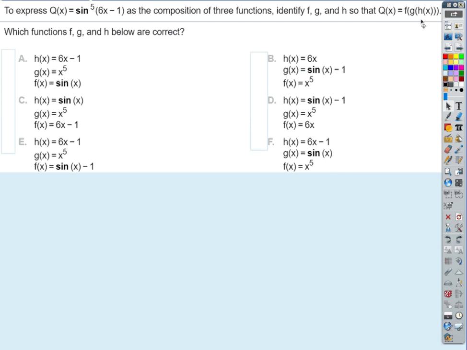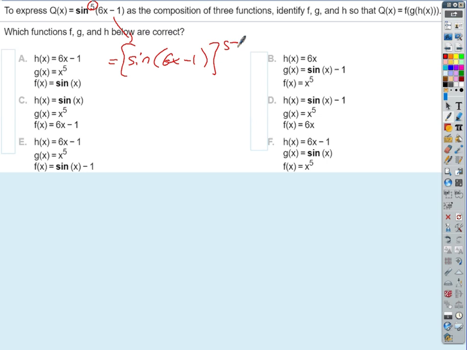Because if I rewrote this without using shorthand, what does sine to the 5th of something mean? It means the sine function taken to the 5th. It's just awkward to write that. So that's really the same thing as saying sine of 6x minus 1, to the 5th.